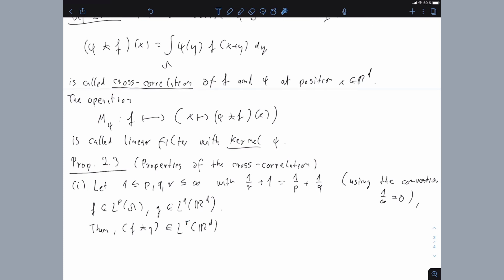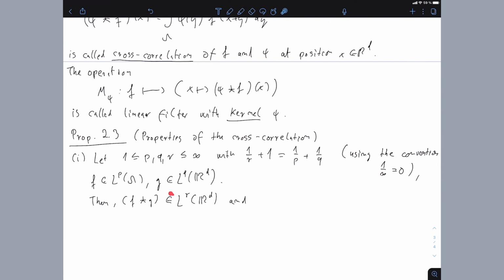So let's try to make a very simple example. Take r equal to infinity, so 1 over r is 0, and p and q equal to 2. That means we would have square integrable f and g. Then this says that this one is bounded, because here we would have L infinity, which just means that it's an upper value for the pixel values. And we can say a little more.